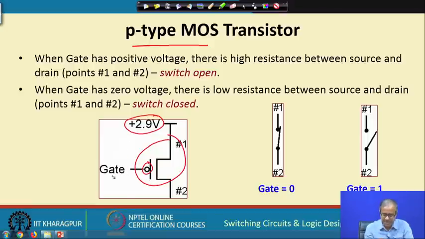If the gate is low voltage 0, then it is conducting, but if the gate is high, then it is non-conducting. If the gate has positive voltage, the switch is open. If the gate has 0 voltage, the switch is closed. So the behavior of the P type and N type transistors is reverse with respect to switching behavior.